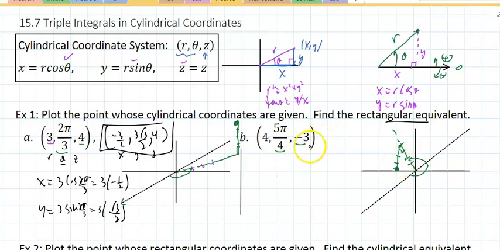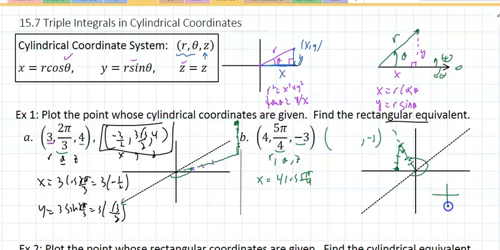Well, if I want to convert that, this is r, theta, and z. That will also work out to be a negative 3 for z. If r equals 4 and theta equals 5 pi over 4, then x equals 4 times the cosine of 5 pi over 4.